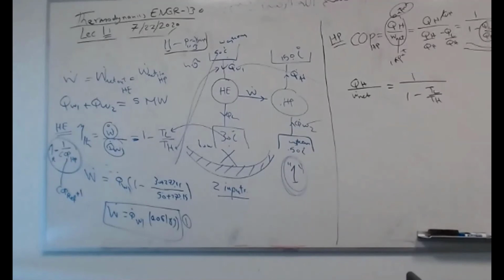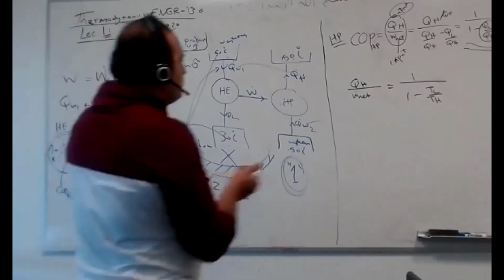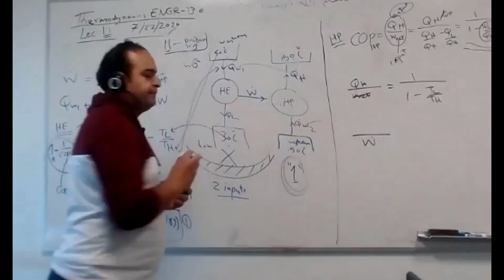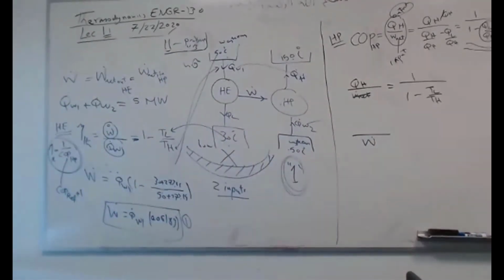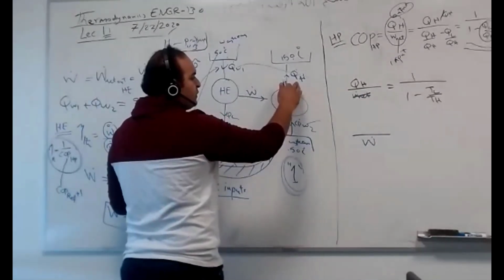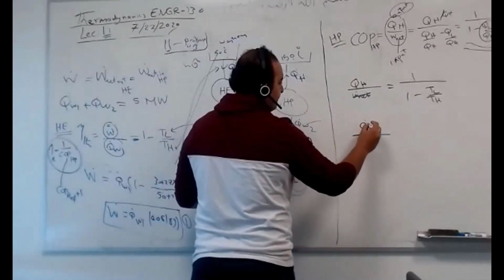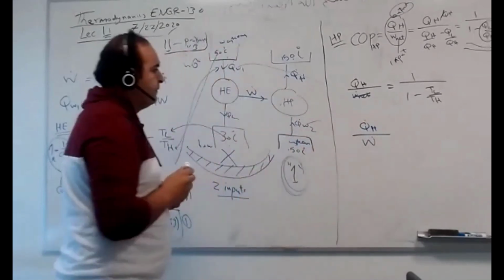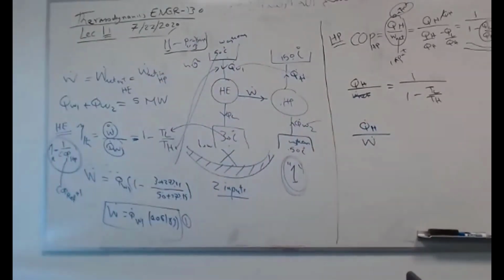Anyway, so here W dot net is just W dot like this. Q high here is what? Q high. Okay, guys?